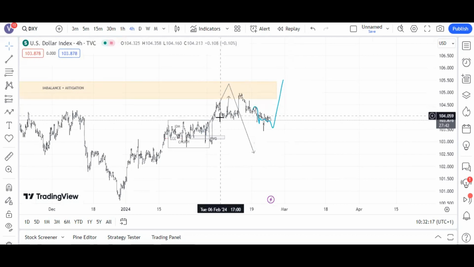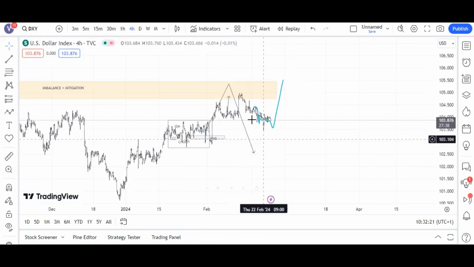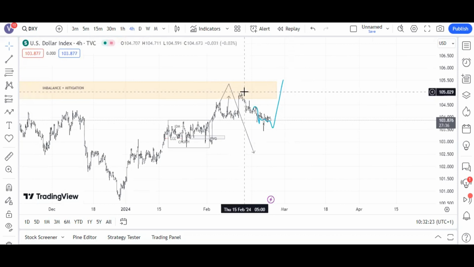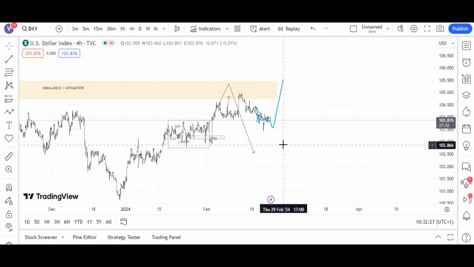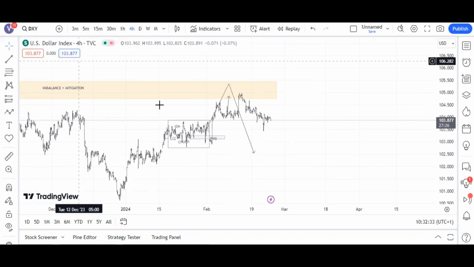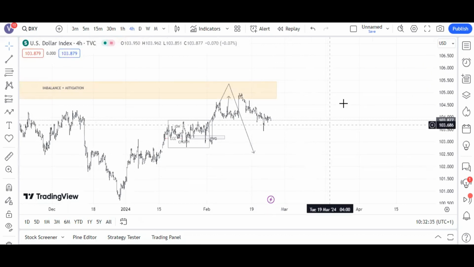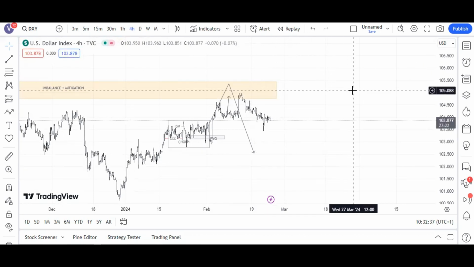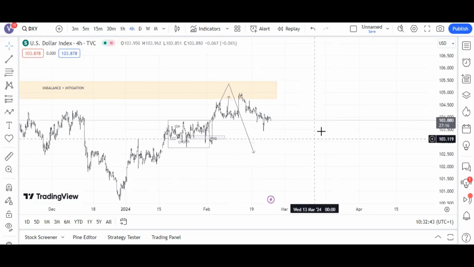Remember what I said here? I said if I see price getting to this point, I want to see it retrace, come back down. And price has already tapped into this imbalance, mitigated it, and is already selling, right? So if I'm bearish on the dollar, I'll be bullish on GBPUSD and EURUSD. I don't know if that makes sense. So that's basically what's happening here.